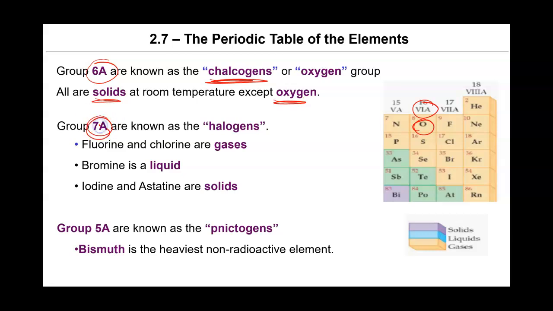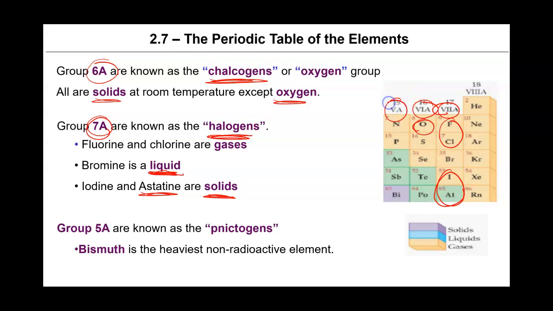Group 7A are commonly known as the halogens. The first two members are gases. Bromine, as we mentioned previously, is a liquid, and then iodine and astatine are both solids. Astatine is very, very rare.